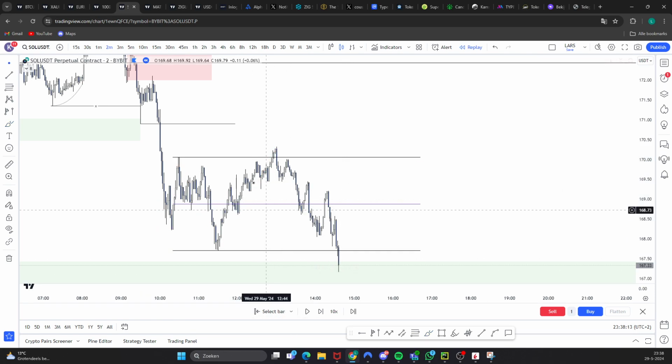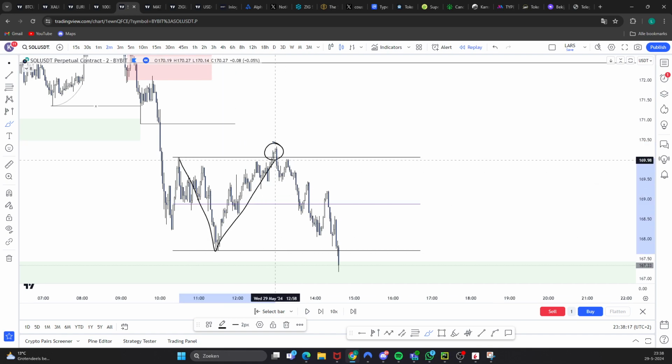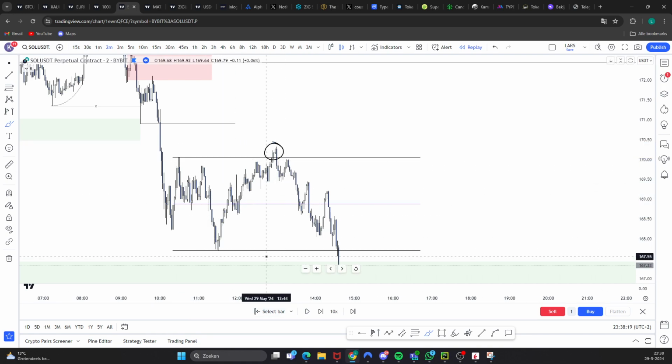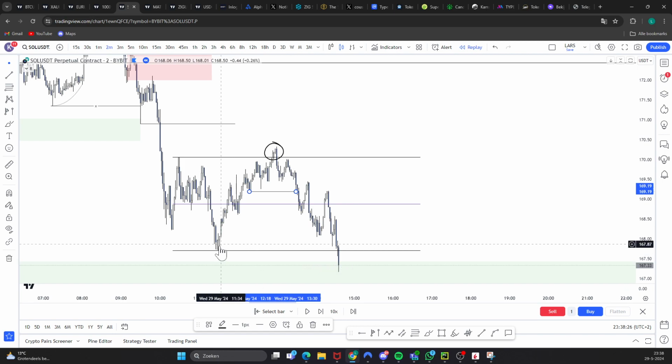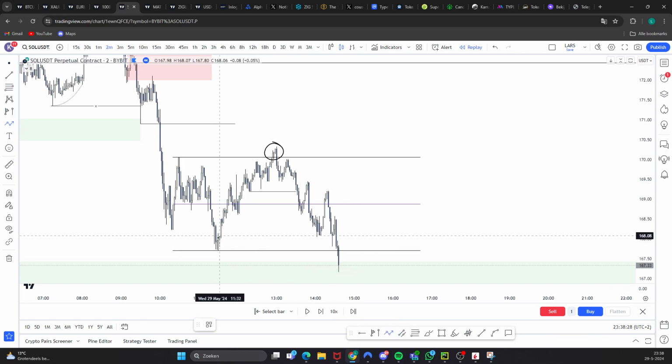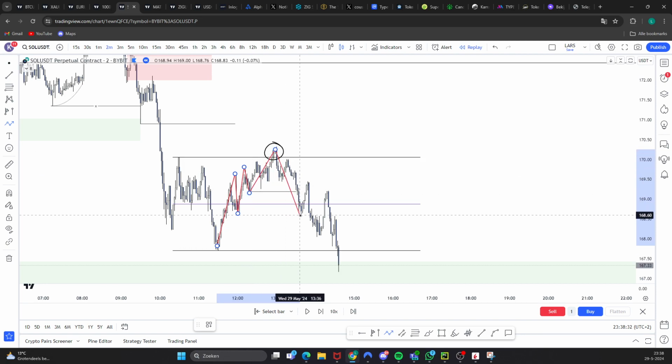Instead, the break is so poor, and it took so much time to get there, that you should already know this is going to be a range deviation. And then once you broke that upward structure from the low up, talking about this pull right here, once you broke that, a lower high for a lower low was expected.